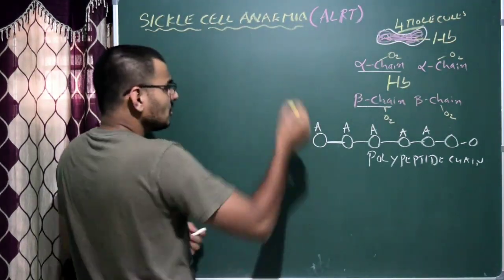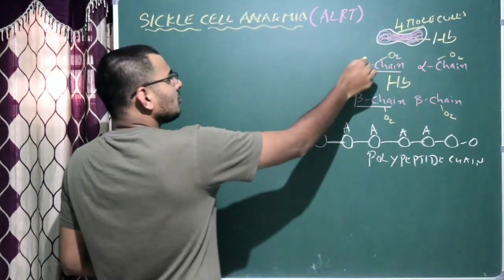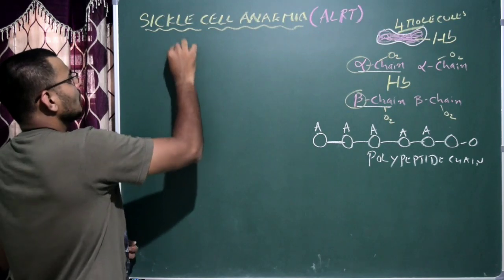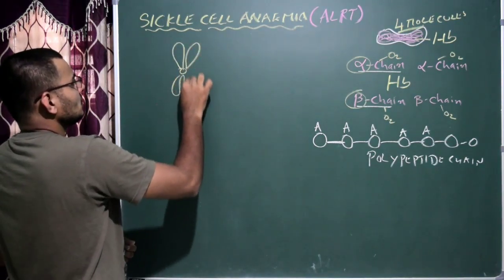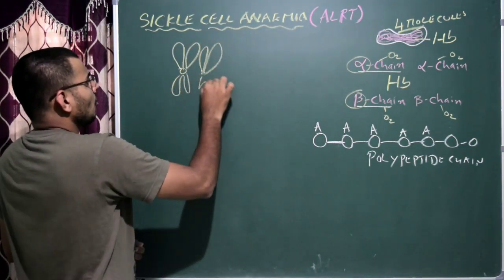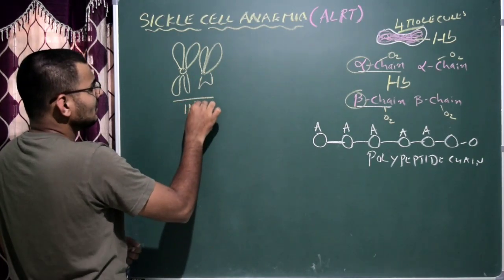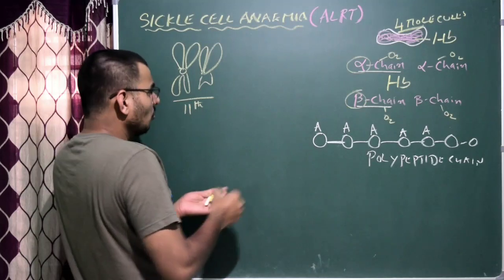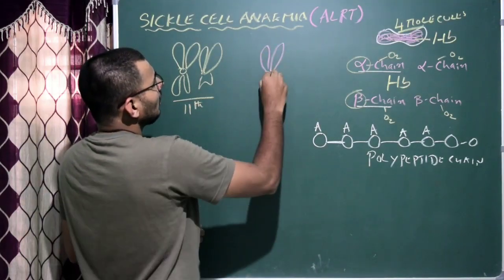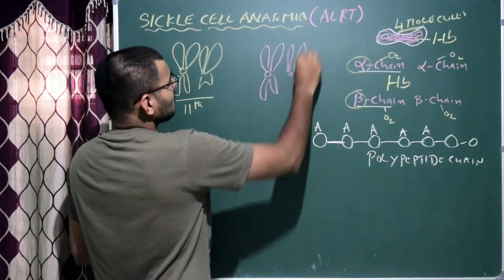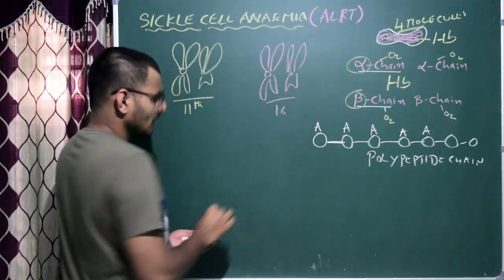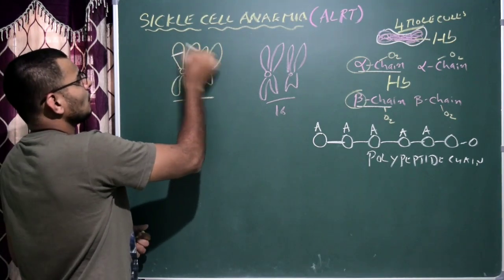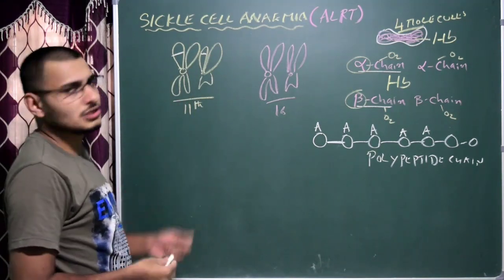Now what I am going to do is find out which particular gene is responsible for the production of the alpha chain and beta chain. We just draw a chromosome. So this is the chromosome, a homologous chromosome, and this is the 11th chromosome. This is an autosome, and we are going to draw one more chromosome, and this is the 16th chromosome. On the 11th chromosome there is a gene here, and on the same locus on the other chromosome you could also see the same gene.